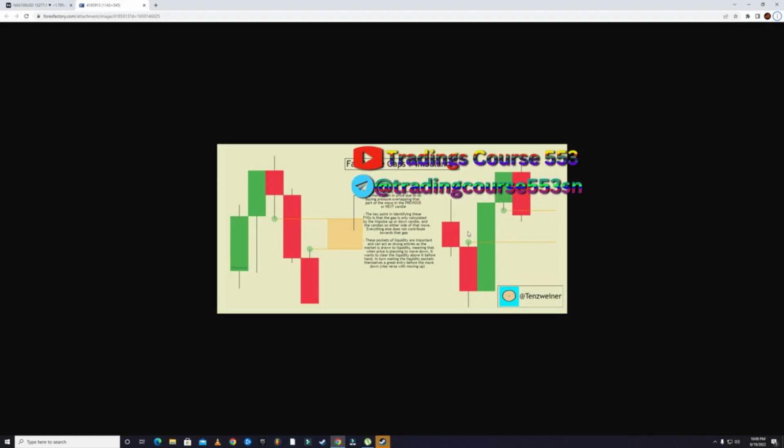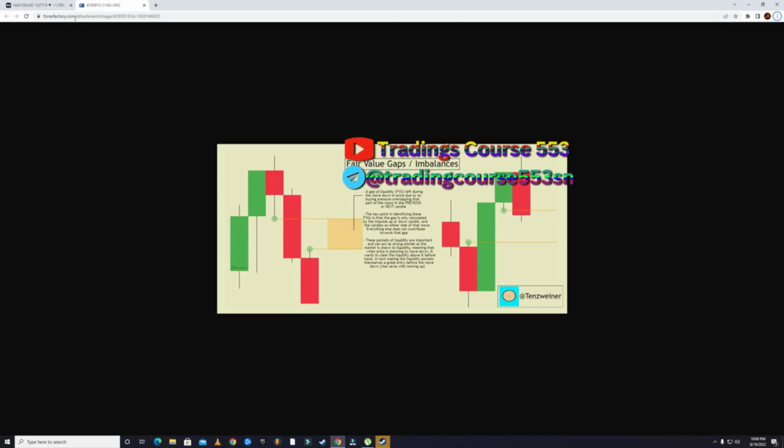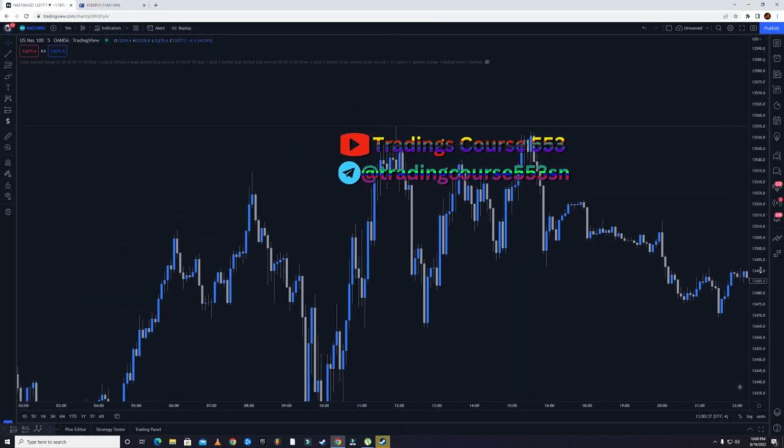If there's any space between the first candle and the third candle, then that space should be considered as a fair value gap.